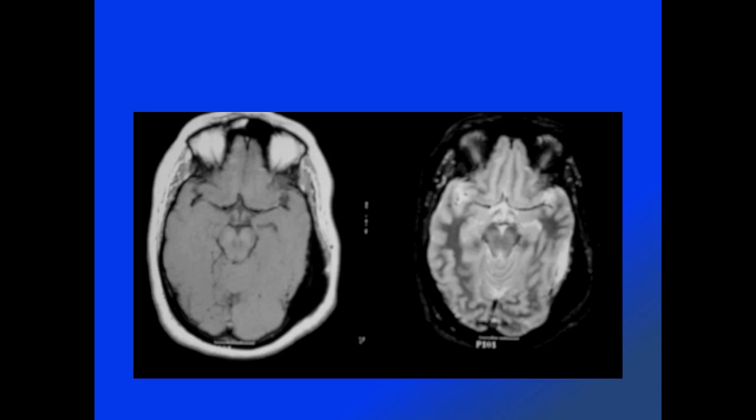In a different patient, the meningioma manifests itself predominantly as an intraosseous mass with prominent hyperostosis and thickening of the calvarium involving the left temporal and inferior parietal bone.